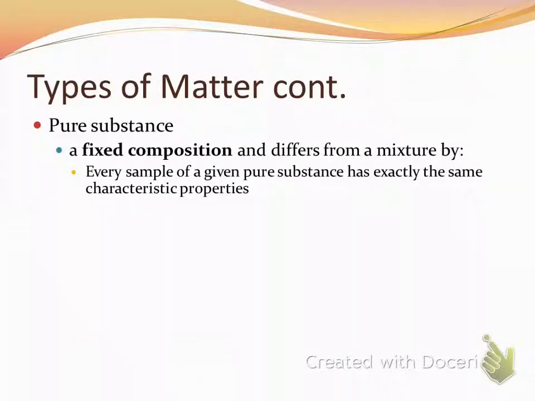That means it's made up of the same exact thing every single time. And every single sample you take of that pure substance looks, acts, behaves the same way. You wouldn't get an extra concentrated part of it or anything like that. Every single section of that pure substance looks the same, acts the same, has the same properties, same identity, things like that. So a pure substance has a fixed composition.